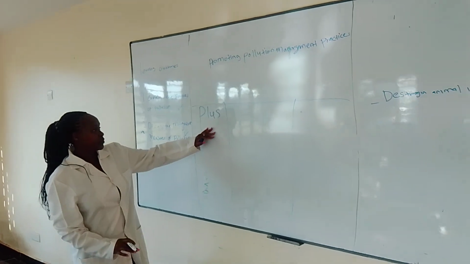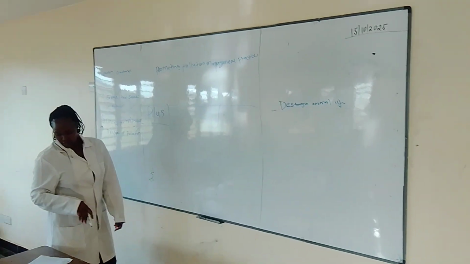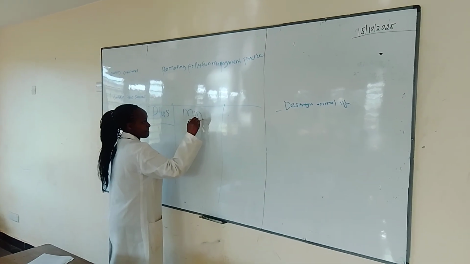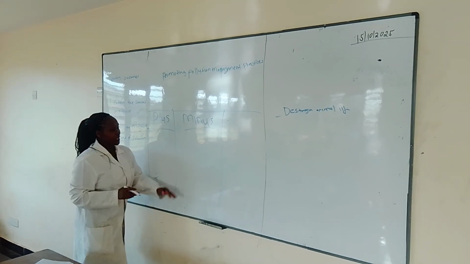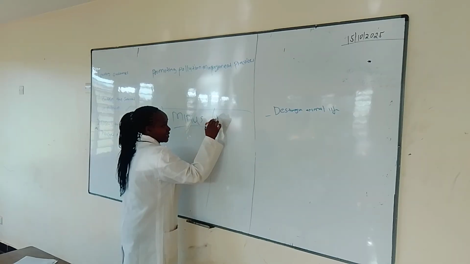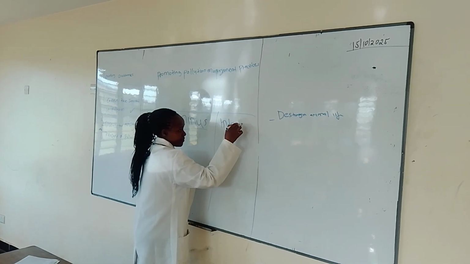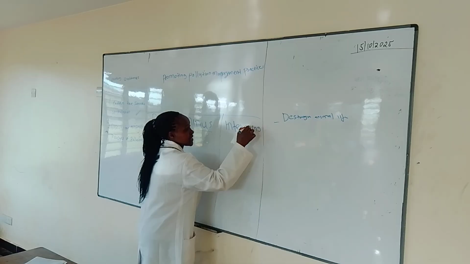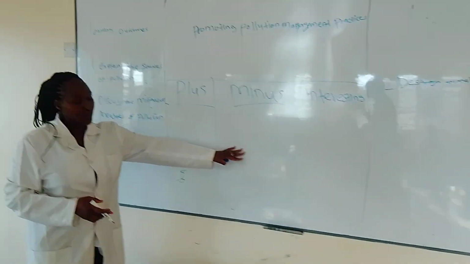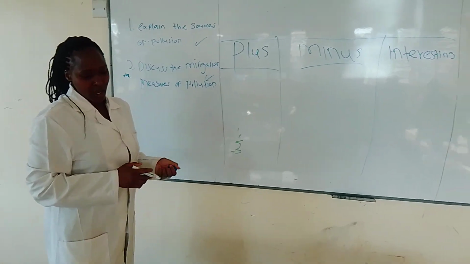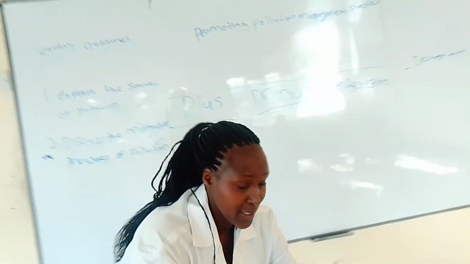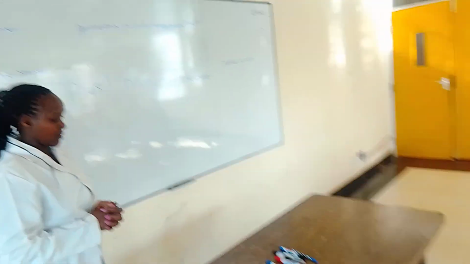Write something positive here, and then something negative here. You write something positive that you've learned, and then maybe something interesting. You can write anything. If you have something interesting, you put it here; something negative, you put it here; and something positive, you write here.